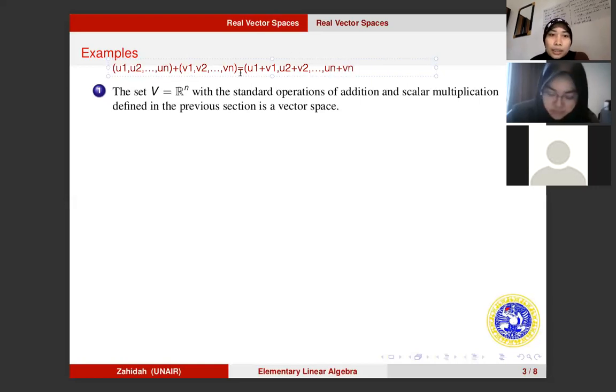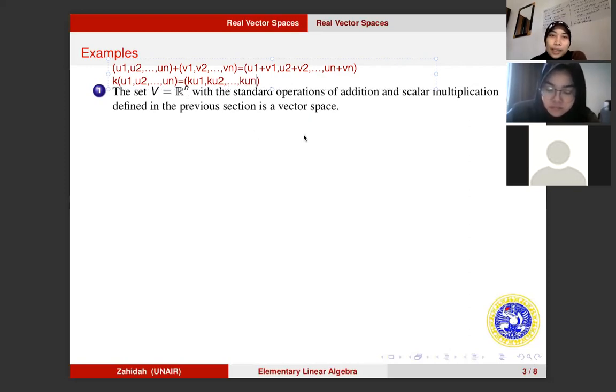This is the standard operation of addition. What about scalar multiplication? We have k times (u1, u2, until un). We get ku1, ku2, until kun.